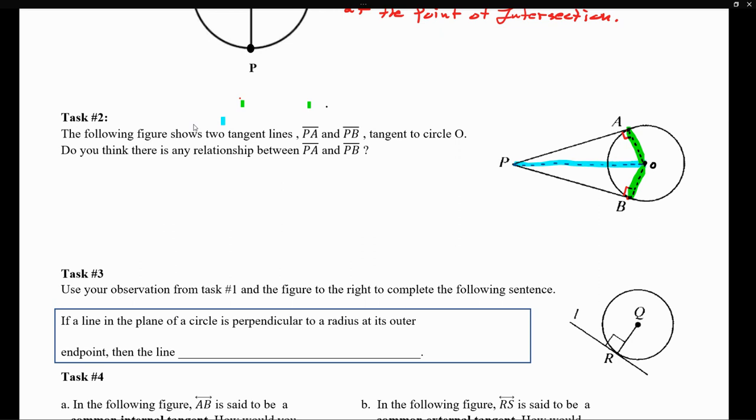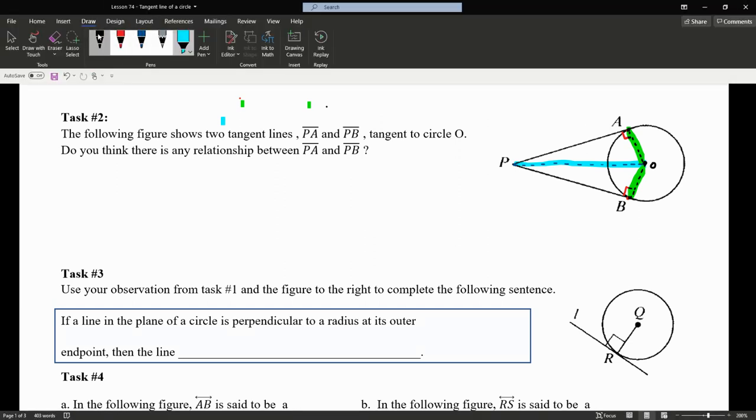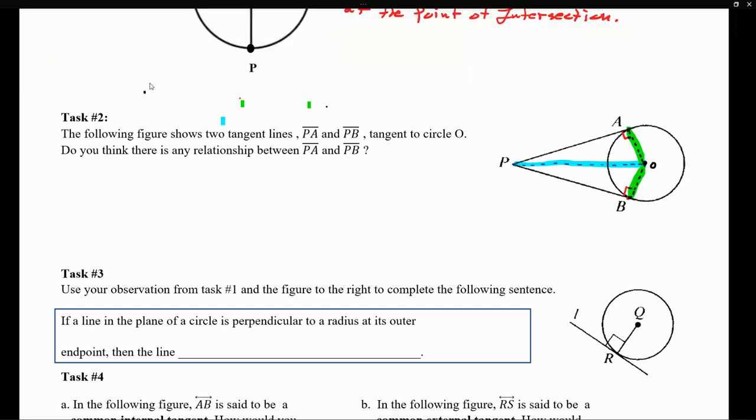So now notice that we have two triangles where two sides and an angle are congruent. But most importantly, notice what kind of triangle it is. It is a right triangle. So by the hypotenuse leg theorem, if I know that AO is congruent to BO and PO is congruent to PO, then these two right triangles both have the hypotenuse congruent and one leg congruent.